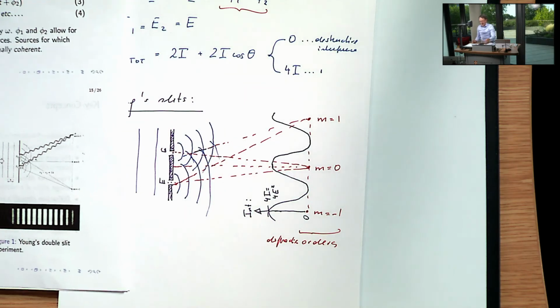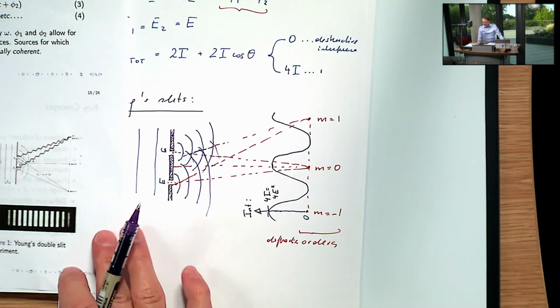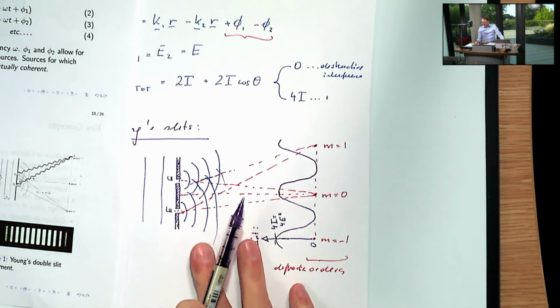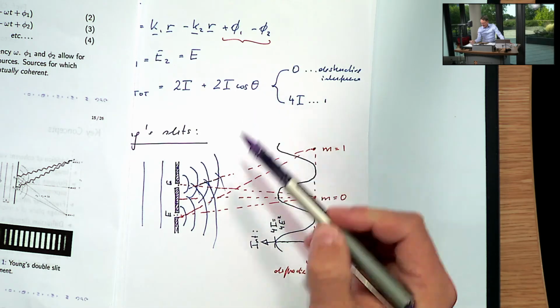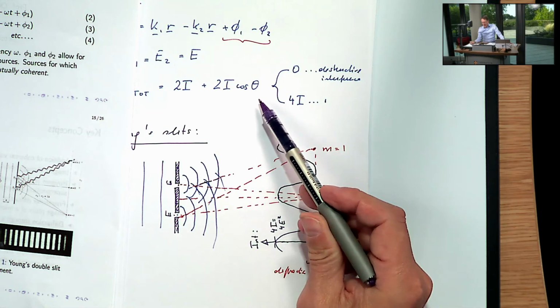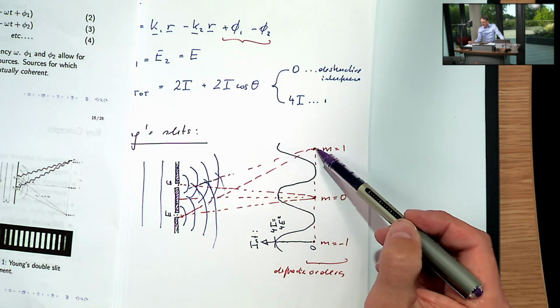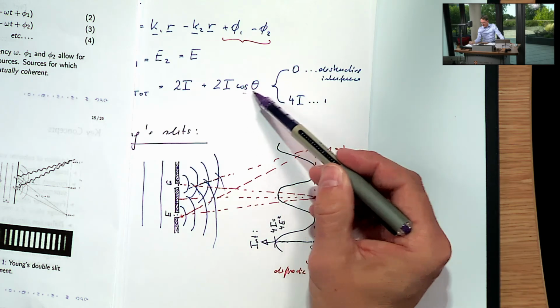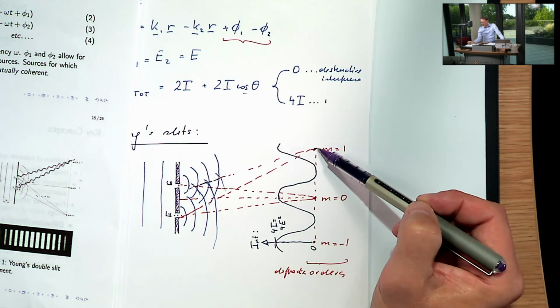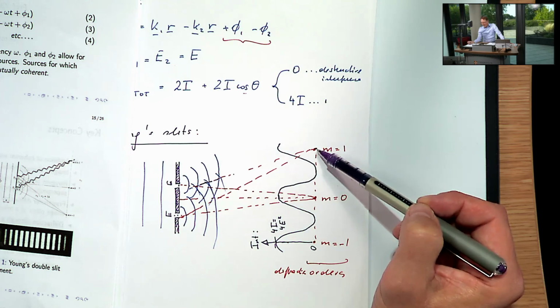And the important point is, imagine we look at this point here, and let's suppose we have an incoherent light source. Then, of course, this theta term will vary very rapidly in time. And so the average of this cos theta term, if I average over several cycles, will average out to 0.